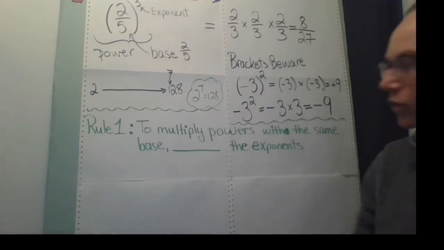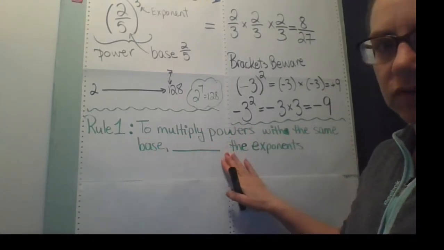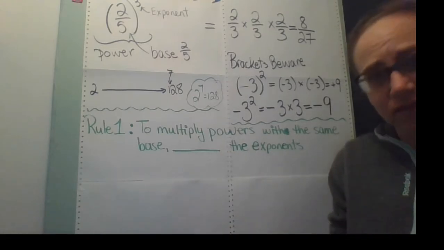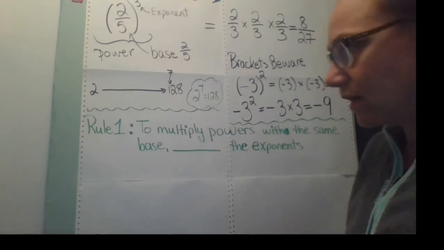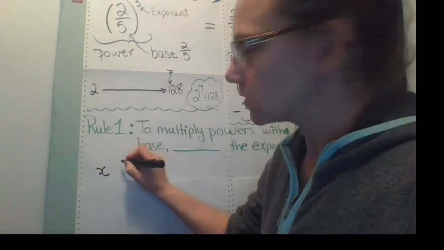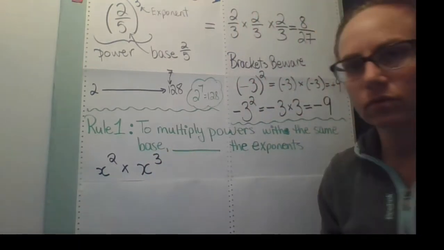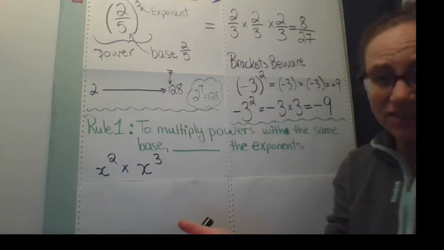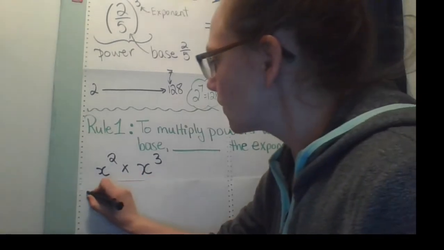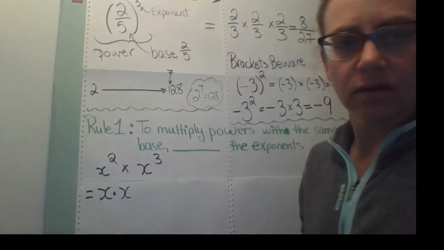Okay, let's start looking at rule 1. So rule 1 says to multiply powers with the same base. We're going to have to do something with the exponent. So let's try an example and let's see what we see. Let's try doing x squared times x cubed. So let's write this out long just to see what's going on. So x squared means I've got x times x.